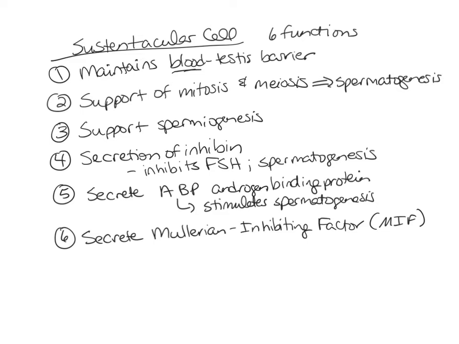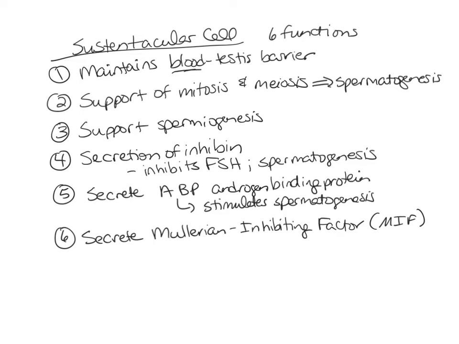Müllerian inhibiting factor, MIF, is secreted in the developing testes by these sustentacular cells, and it causes a regression of the fetal Müllerian ducts that in females form the uterine tubes and the uterus.